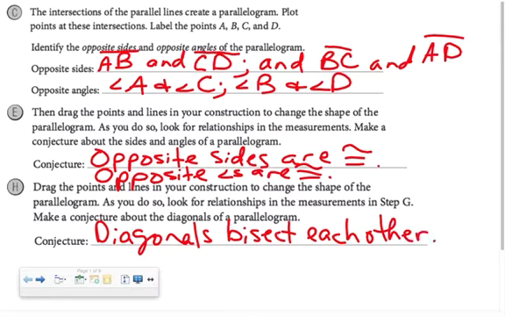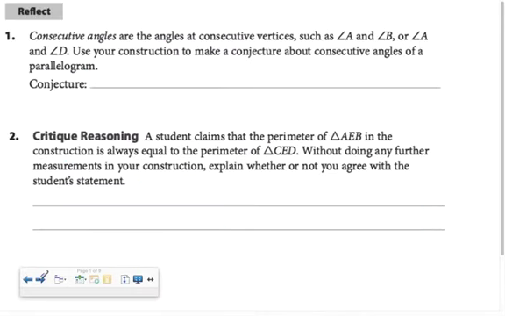In other words, they cut each other into congruent segments. We also talked about consecutive angles, such as angles A and B, or angles A and D in the figure in your textbook. And in the activity in class, we noticed that no matter how we wiggled those angles, those consecutive angles were supplementary.